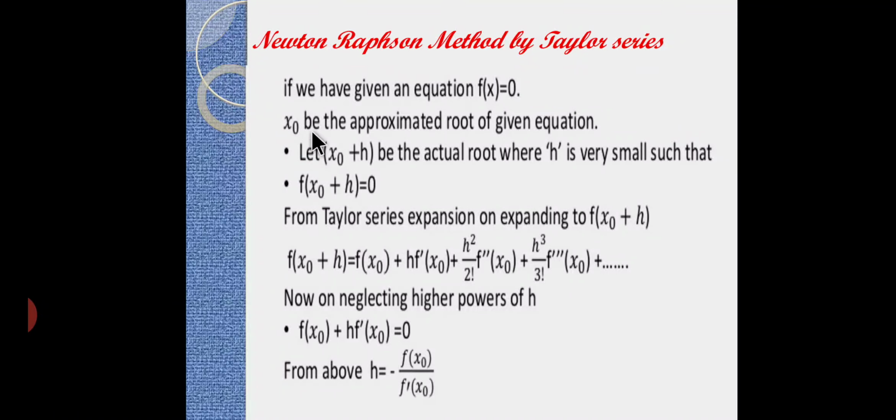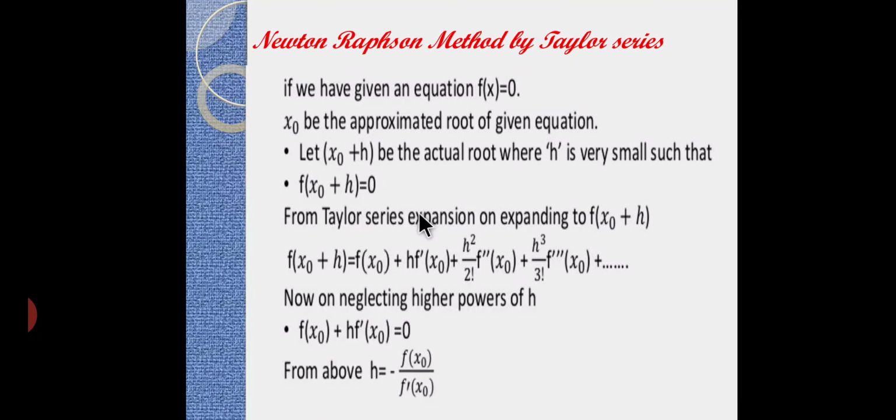Moreover, x naught belongs to the closed interval a comma b. So let x naught plus h be the actual root, where h is very small, such that f of x naught plus h is equal to 0.